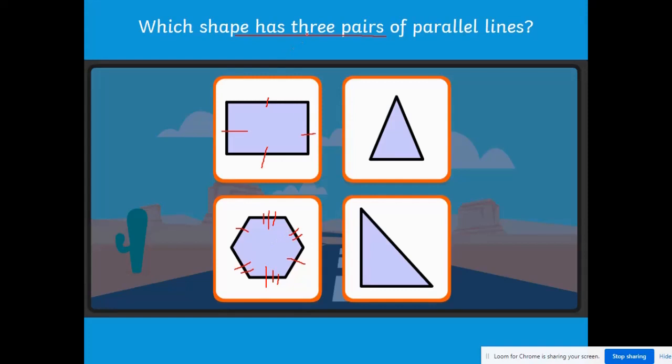So three pairs of parallel lines are there in this shape. What about this shape? Does this have any parallel lines? No. So which is the shape which has three pairs of parallel lines? This one. It is a hexagon. All right, let's go ahead now.